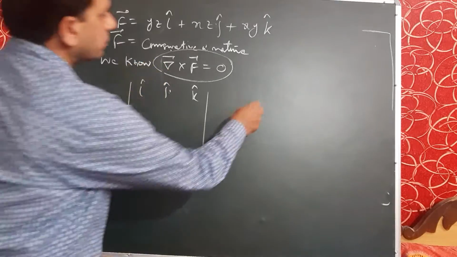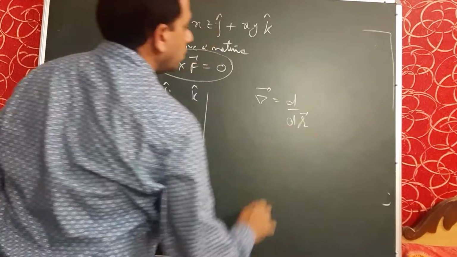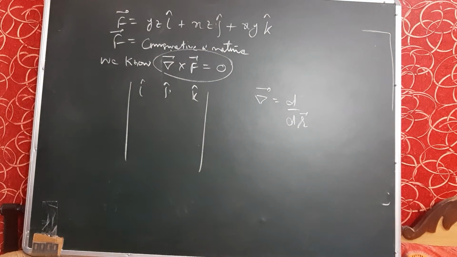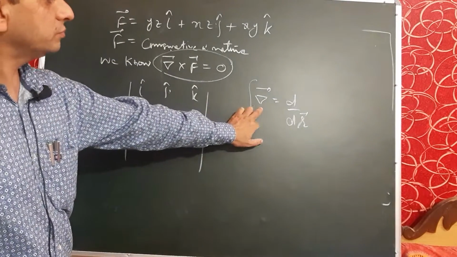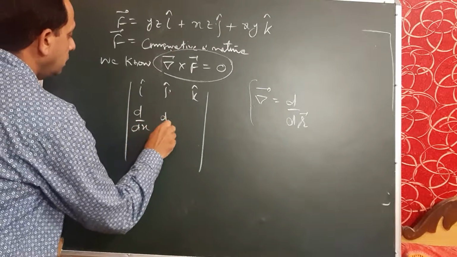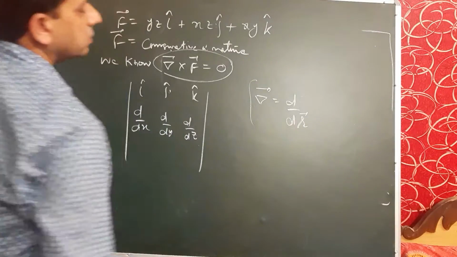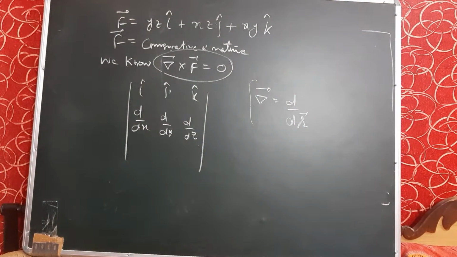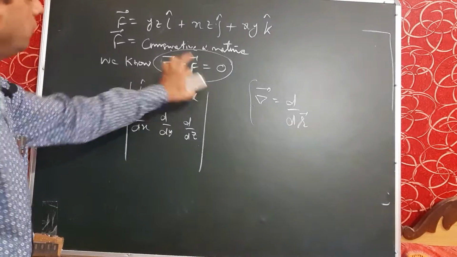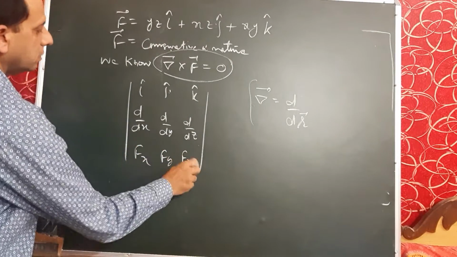The first vector is del. If we split this del into 3 components, it becomes d/dx, d/dy and d/dz. And the 3 components of F, that is Fx, Fy, Fz.